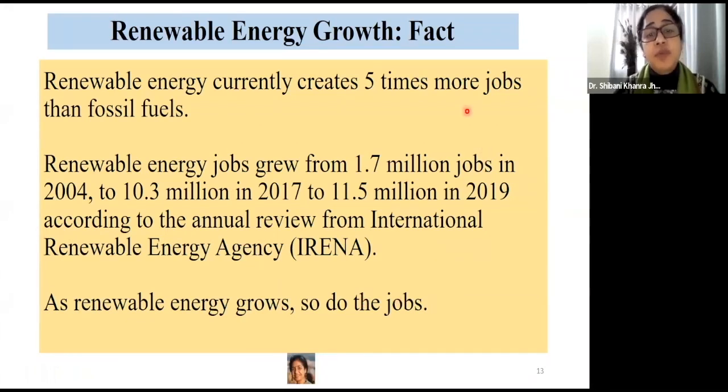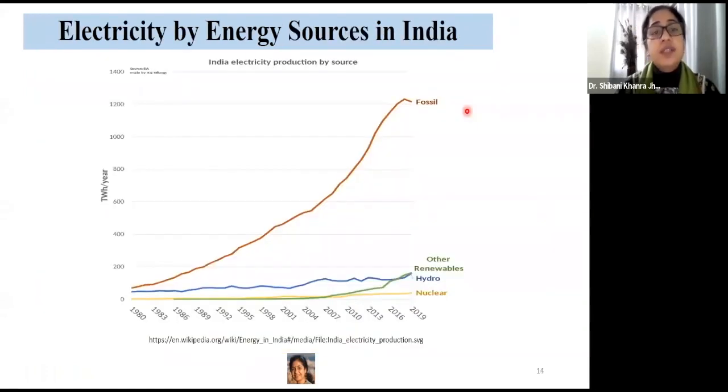Renewable energy jobs have grown from 1.7 million in 2004 to 10.3 million in 2017, and now 11.5 million in 2019, as reported by the International Renewable Energy Agency. So as renewable energy grows, so do the jobs.